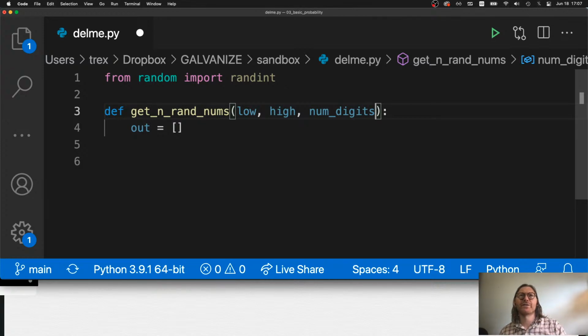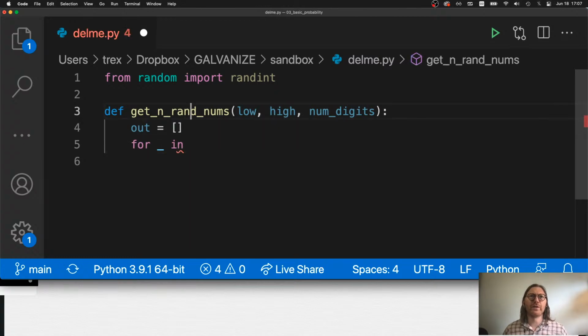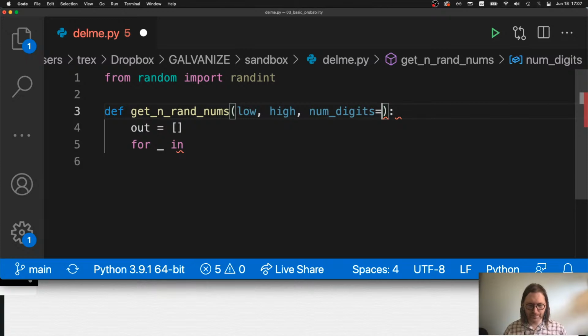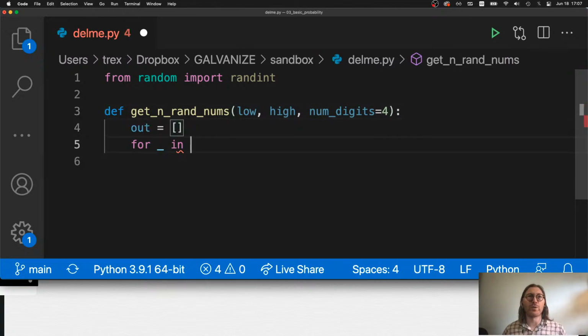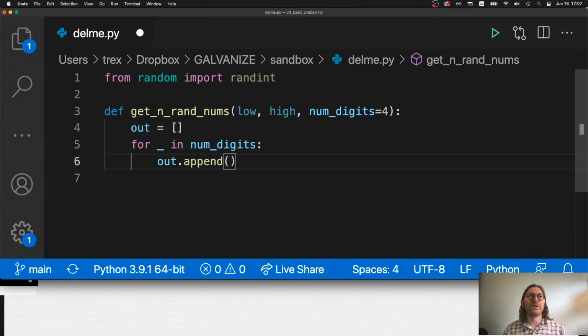Yeah, I think this is fine. Let's default this to 4 numbers. So for whatever in number of digits, let's say out.append, and we'll append randint, and I think we can just do low to high plus 1 if I'm not mistaken.